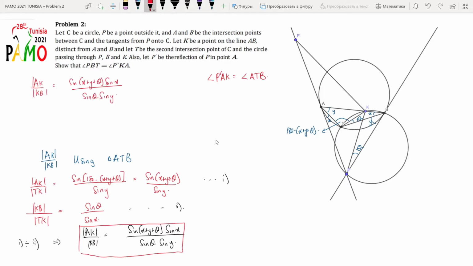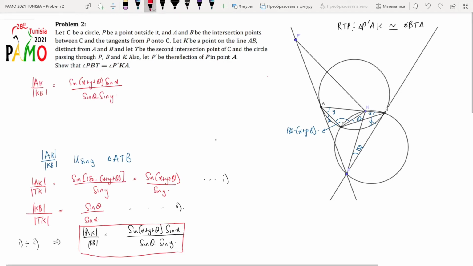Remember, our major goal here is to show that these two triangles are similar. We have to prove that triangle P'AK is similar to triangle BTA. This is the first important ratio.